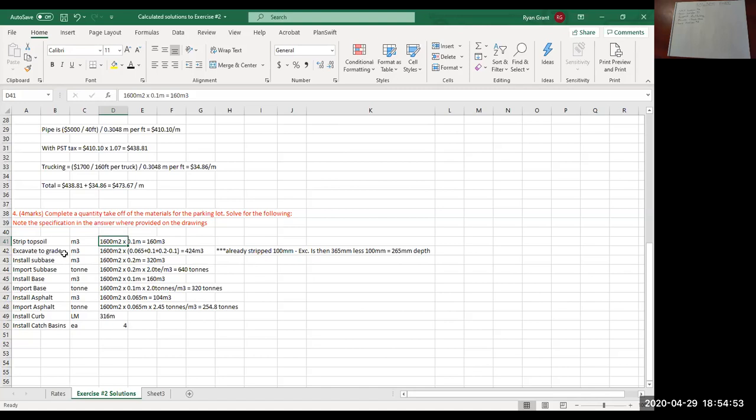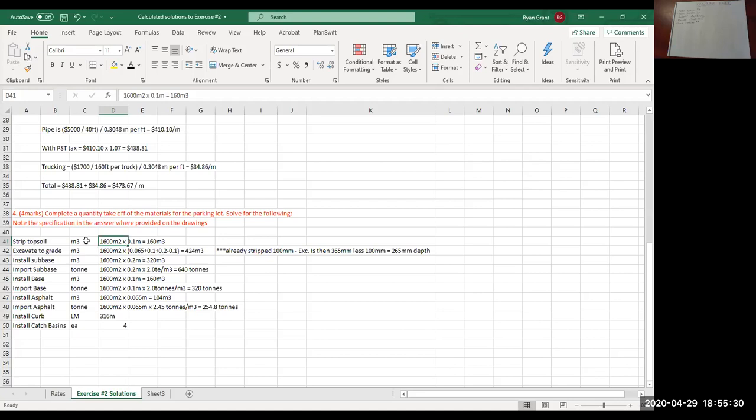Excavate to grade. So as was stated in the information for this question, the pavement elevation and the existing ground is the same height. So in order to excavate to grade, again, grade meaning the bottom of the subbase layer, you would have to dig down the thickness of the asphalt, the thickness of the road base, and the thickness of the subbase layer. So the sum of those is 365 millimeters.